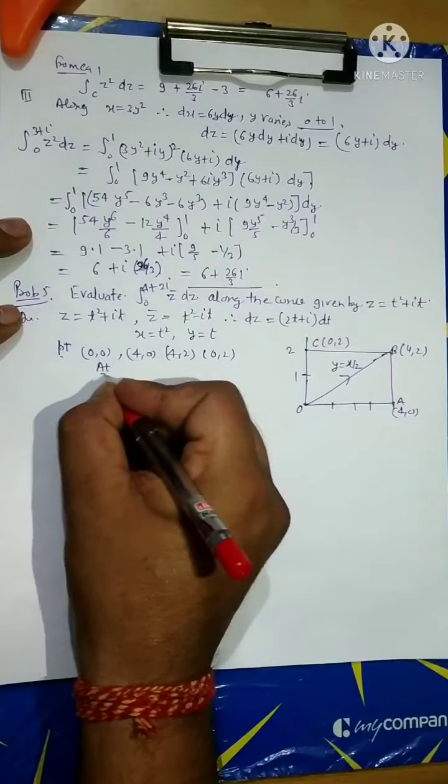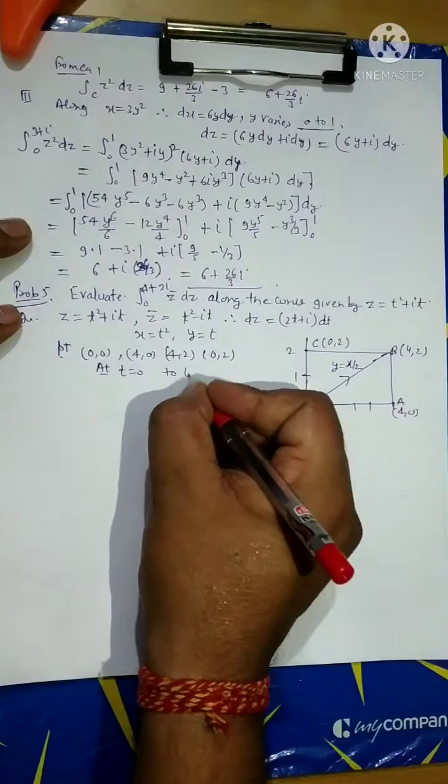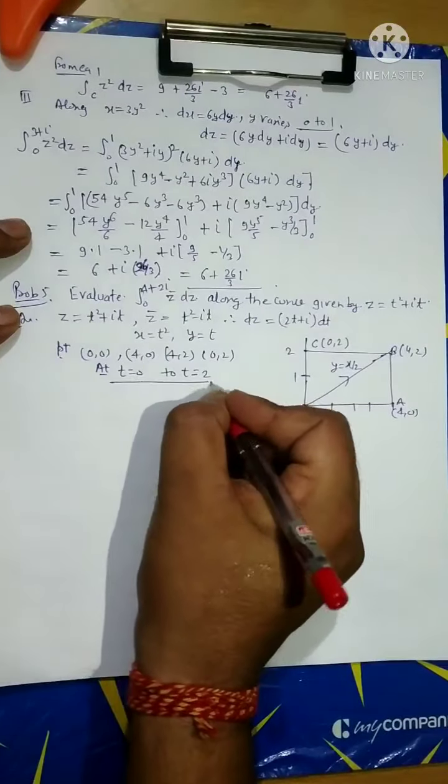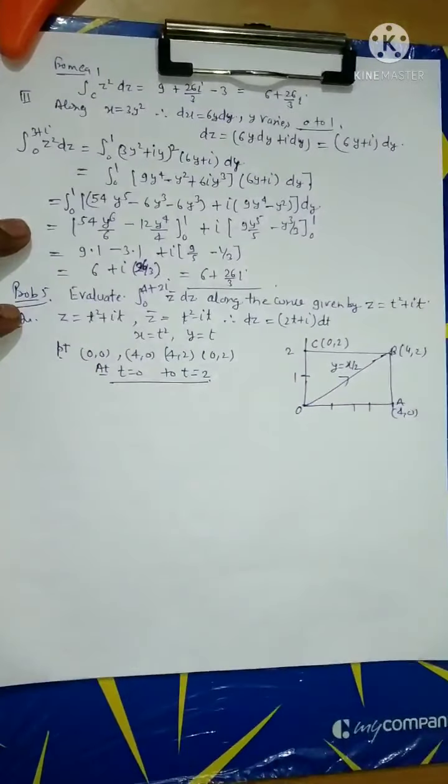At t equal to 0 to t equal to 2, by putting x is equal to t square, y is equal to t in parametric form of the curve.